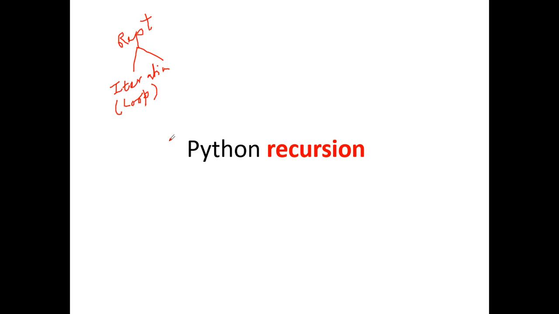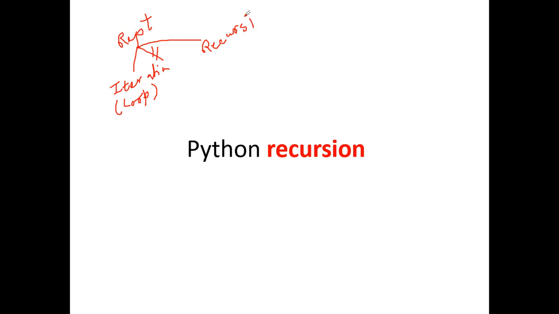In other programming languages you will find do while loop, not in Python. But looping is iteration, and that is a repetitive process. If you need any repetitive process in your program, then you can use this technique. Loop means iteration, and the other one is recursion.